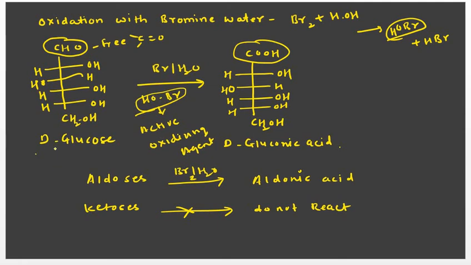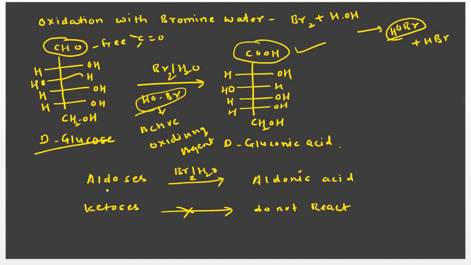So finally I will once again repeat, D-glucose has a free aldehyde group, so it is reducing and it can also be oxidized. The aldehyde group can be oxidized into the carboxylic acid group by using this mild oxidizing agent, that is Br2 in water. So the active oxidizing agent here is HOBr. So D-glucose is converted into D-gluconic acid.